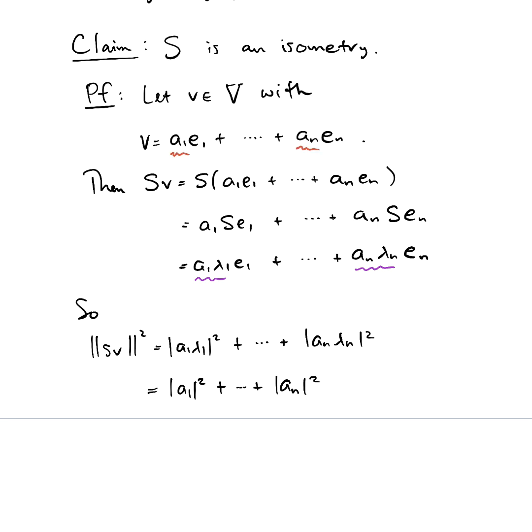But that's just the sum of the squares of the absolute values of the coefficients for V. So that's nothing other than norm V squared. And that's it. So the norm of SV is the same as the norm of V.